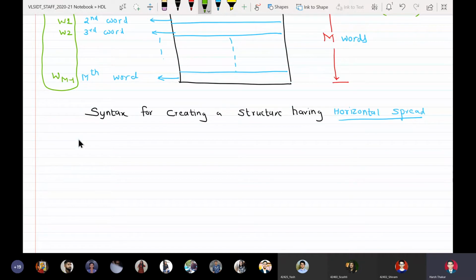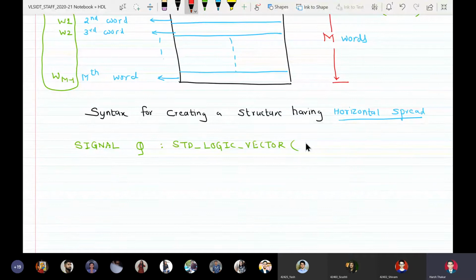So it is signal q : std_logic_vector(n minus 1 downto 0).